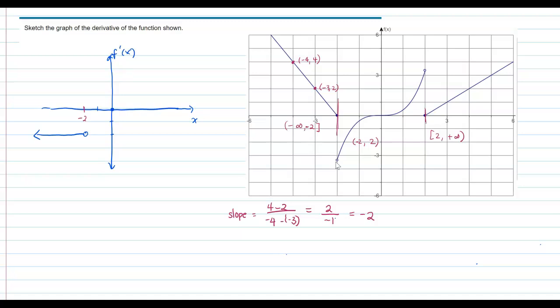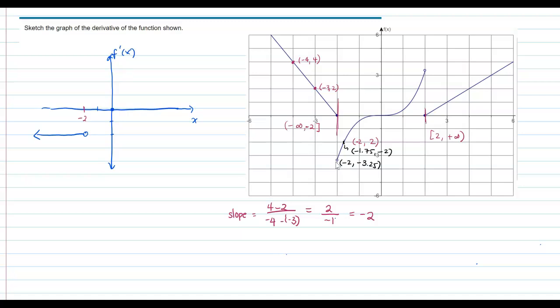So we have this point here, say negative 2, negative 3.25. And then let's find another point here. This would be the ordered pair negative 1.75 and negative 2. The y-coordinate is negative 2.